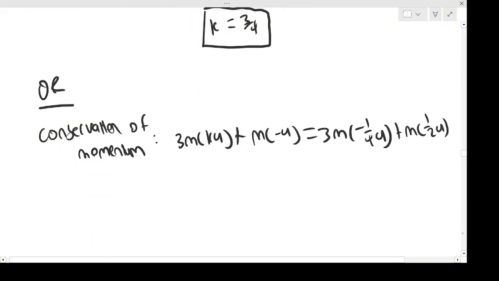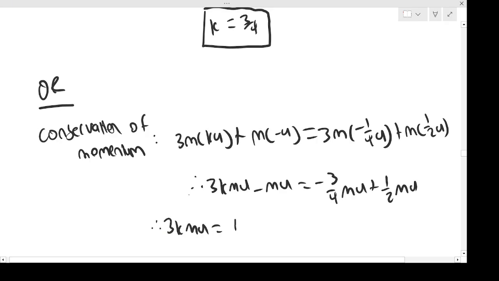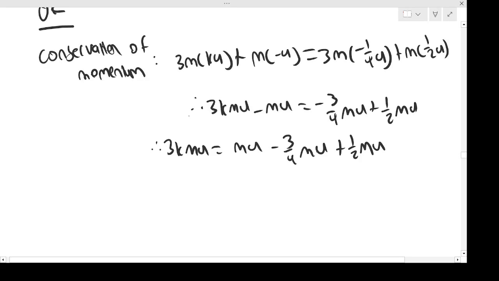And so now we can solve this equation. So we get 3kmu is mu, take away 3 over 4 mu, add a half mu. And so then if we collect all the mu's here, we have 1 lots of mu, take away 3 over 4 lots of mu, add a half lots of mu. That gets me 3 over 4 lots of mu, okay?